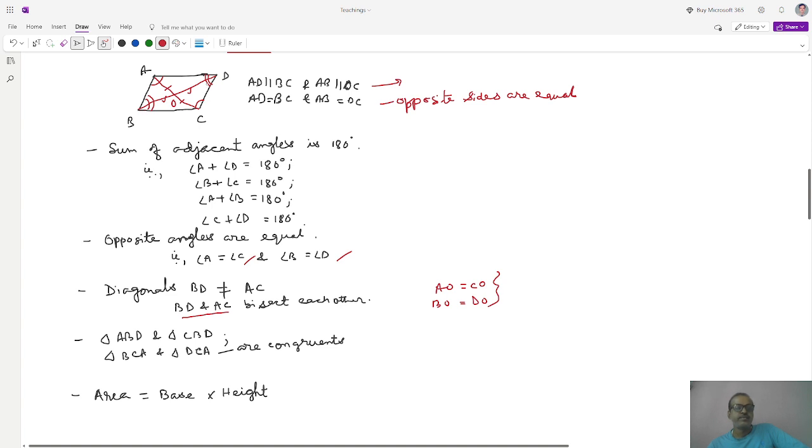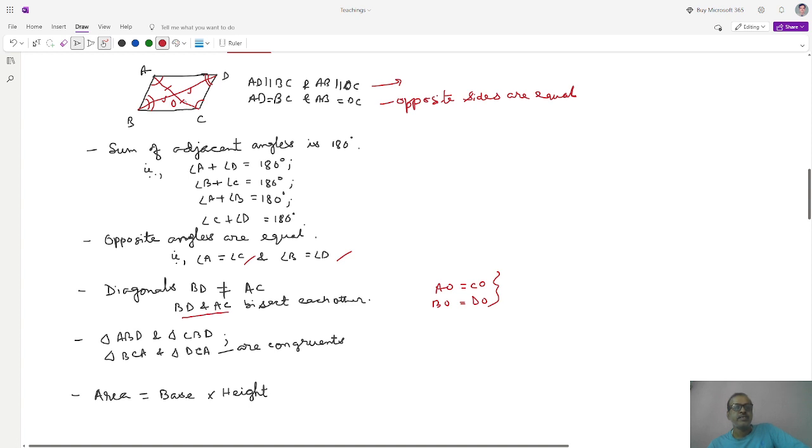A diagonal splits this parallelogram into two equal halves. That is why triangle ABD will be congruent to triangle BCD.